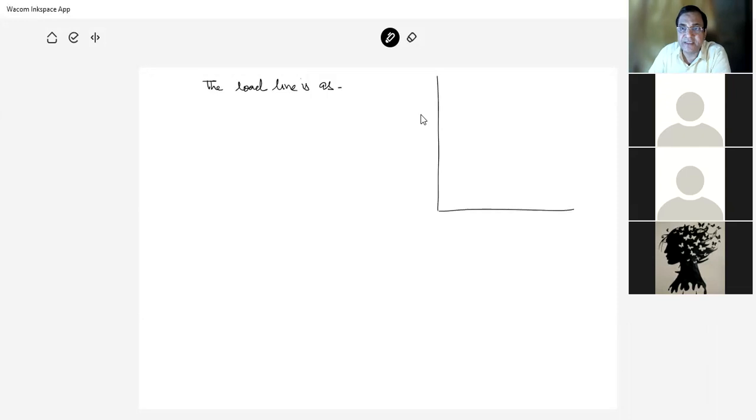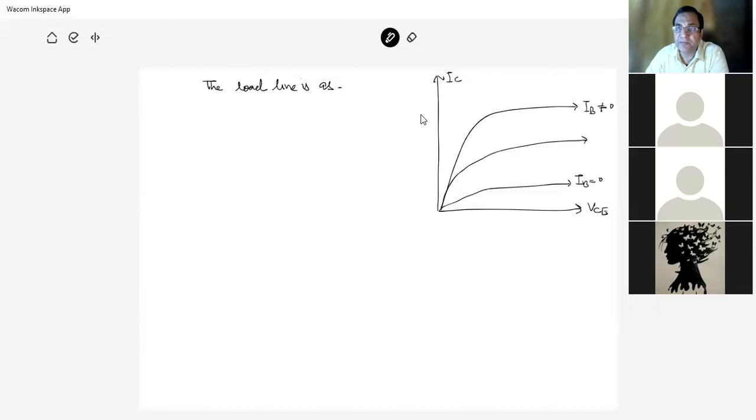We see this is the VCE, and here it is IC, और ये आपका हो गया IB. This is your IB equal to 0. This is not equal to 0. Something like this IB. This is also not equal to 0.